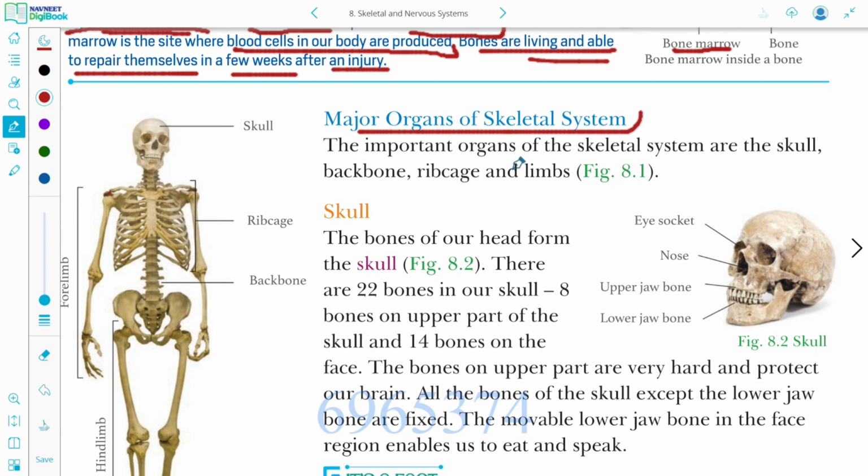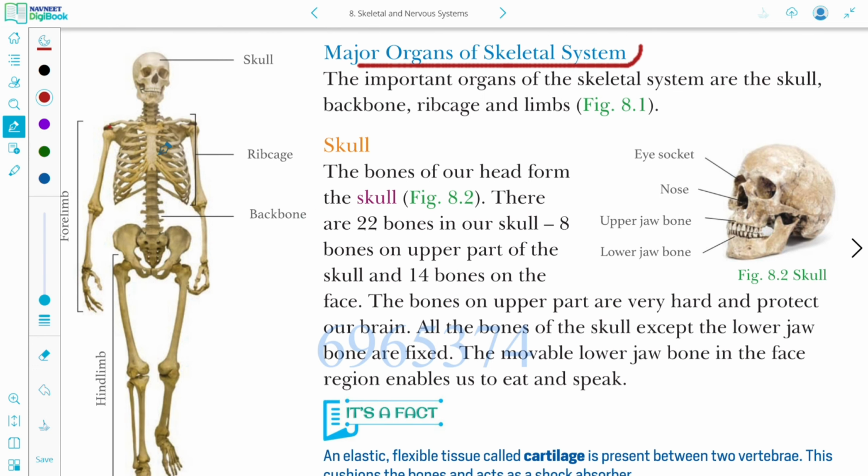ठीक है, क्या पढ़ेंगे हम? Major organs of the skeletal system. Have you seen a skeletal system? This is a skeleton. ठीक है, this portion is the skull. This is the rib cage. This whole portion is backbone.